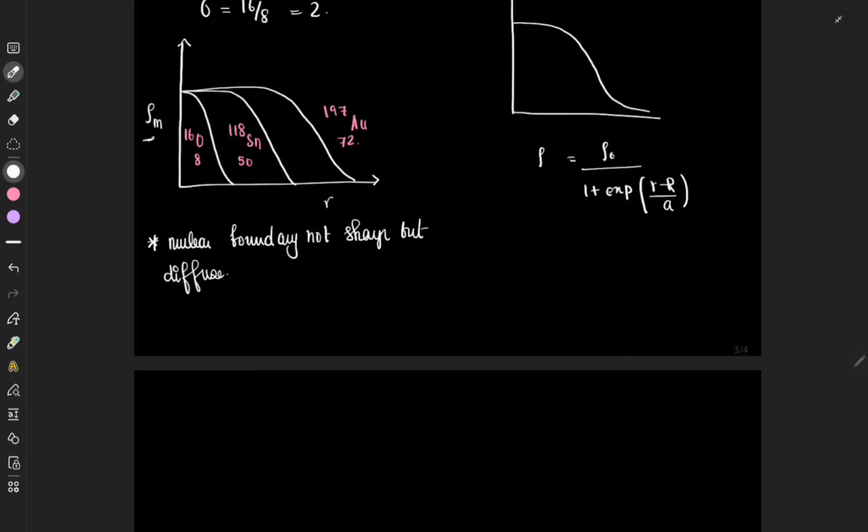This is for the mass density distribution, where rho naught is the central density, R is the distance from the center where the density falls to half its maximum, and a is the steepness, how fast it falls from the highest value to the smallest value.